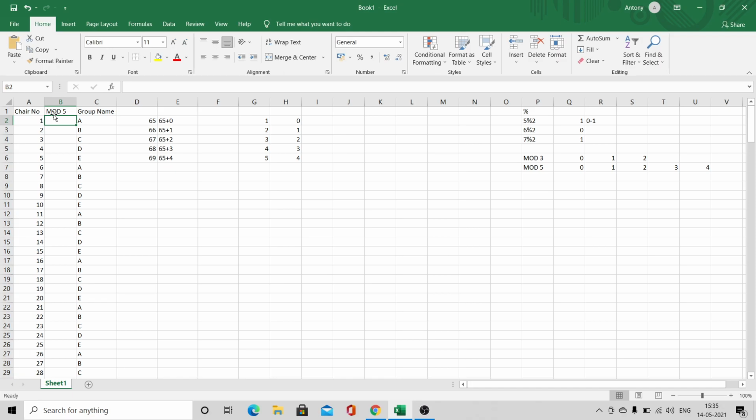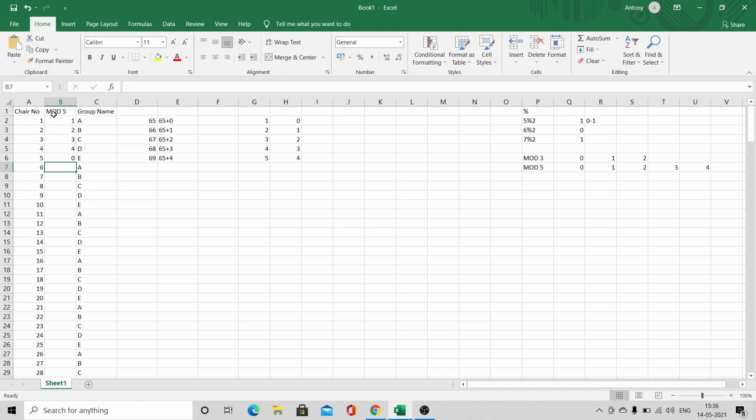What is the value of 1 mod 5? 1 mod 5 is 1, right? 2 mod 5 is 2, 3 mod 5 is 3, 4 mod 5 is 4, 5 mod 5 is 0.